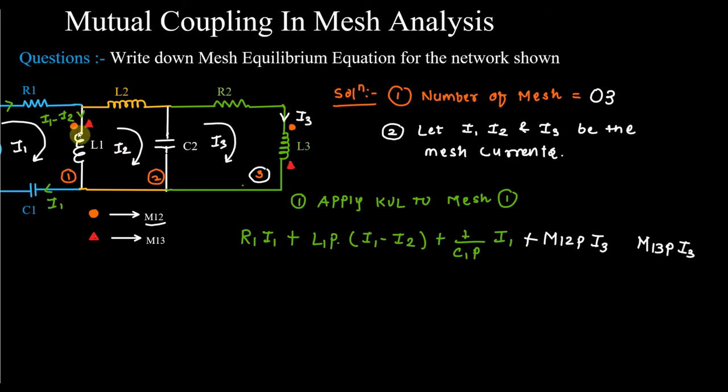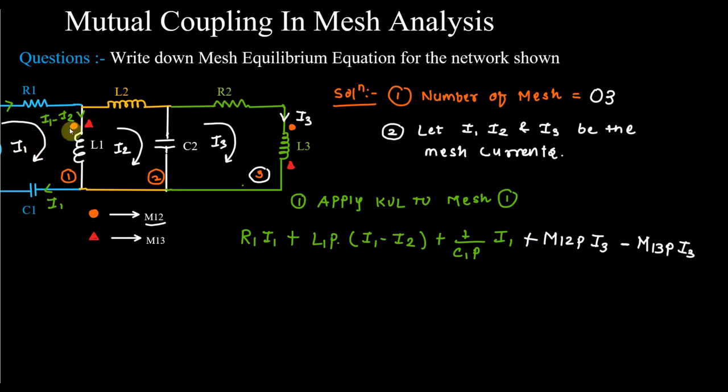You can see here one current is entering, that is I1 minus I2, and the current through L3 is leaving. So one current is entering, one current is leaving, so that mutual inductance is negative. So when we write a mutual inductance, we first write the magnitude, second we write the current, and third we write the sign. In that way we have to write the mutual inductance.